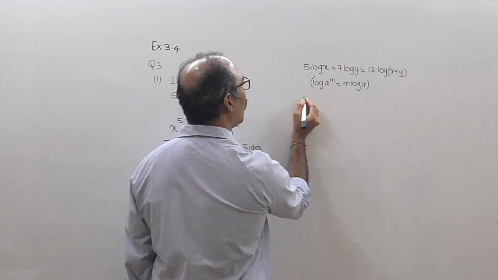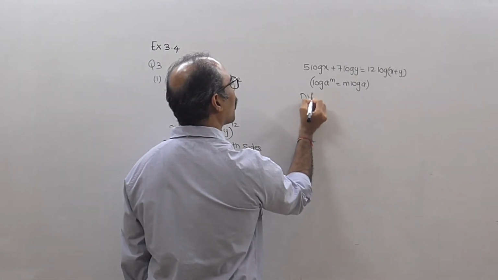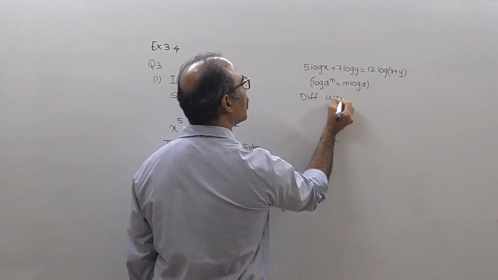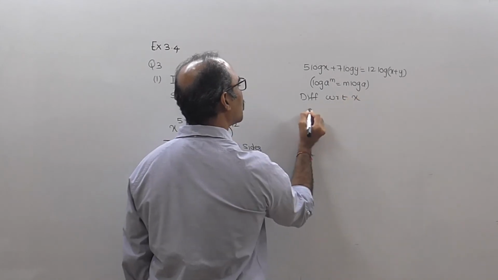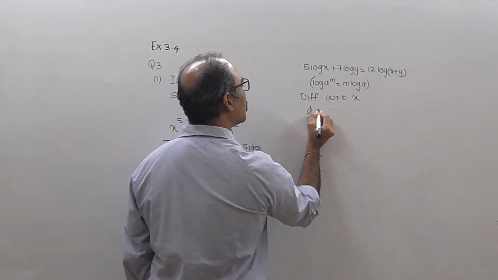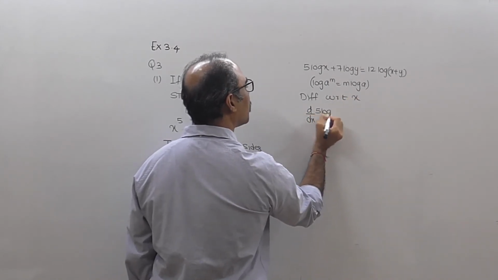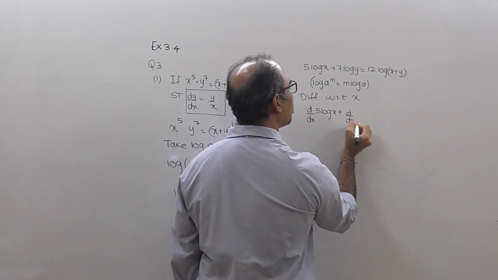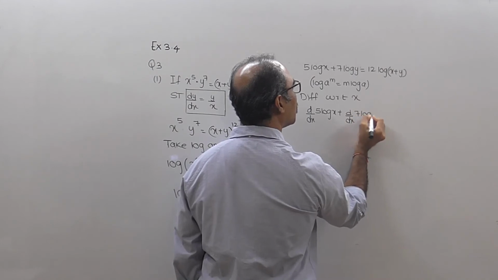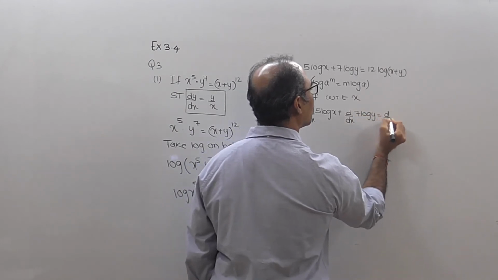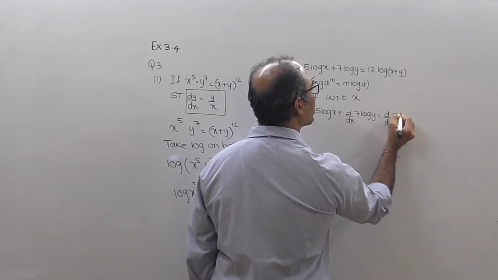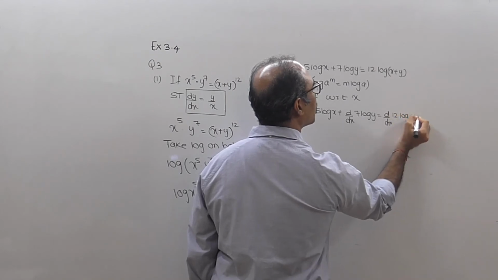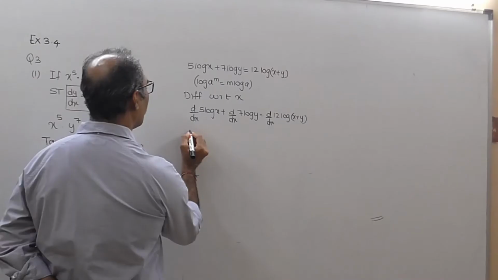Now, once you have done m log a, you can differentiate with respect to x. So this will be d by dx of 5 log x plus d by dx of 7 log y, and d by dx of 12 log of x plus y.